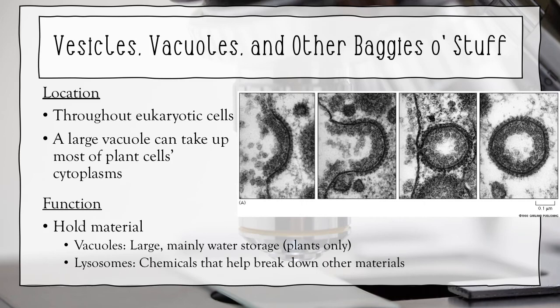They have different contents in them. We could just say an Amazon box, kind of like vesicle, just a generic, or we can get really specific. A vacuole, that's like a huge Amazon box full of liquid. Kind of. This is going to be in plant cells, and it's taking up the majority of the cell, the majority of the cytoplasm.